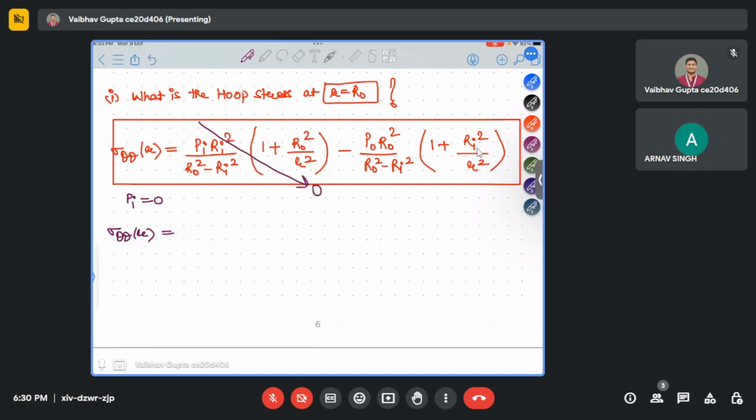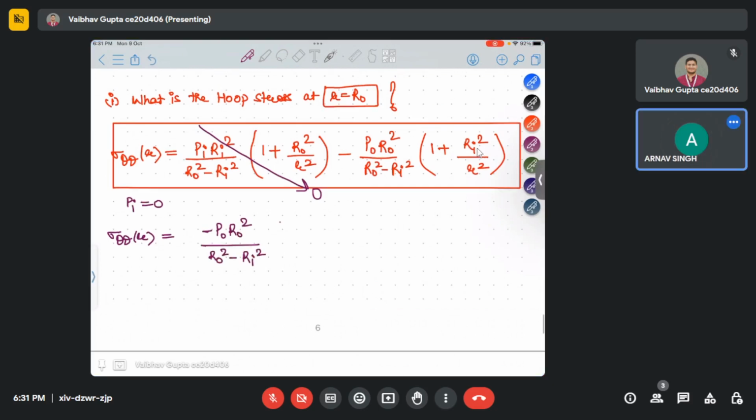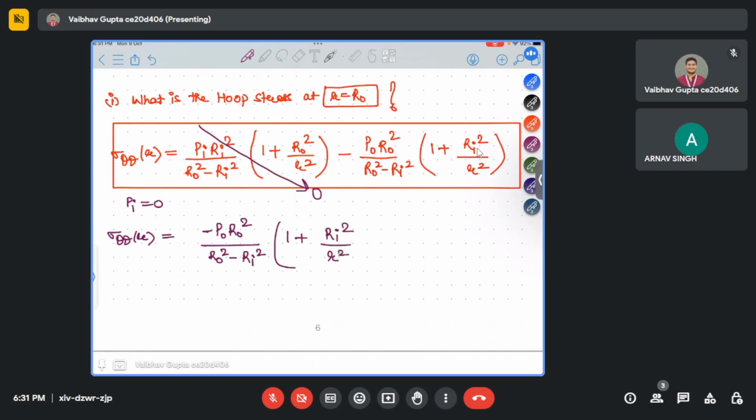Whatever is left is minus P naught R naught square upon R naught square minus Ri square, times 1 plus Ri square upon R square.